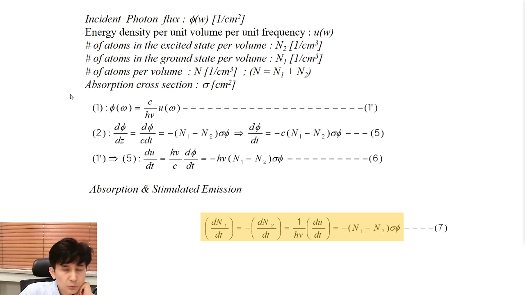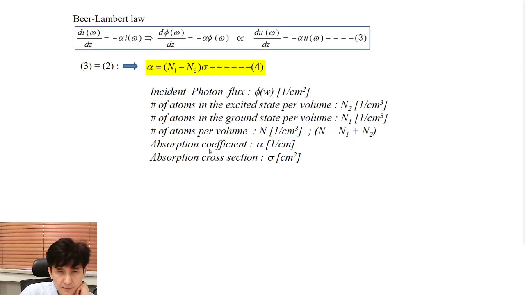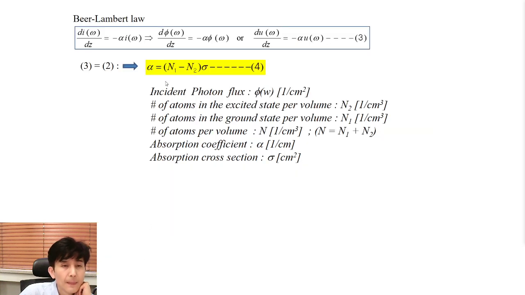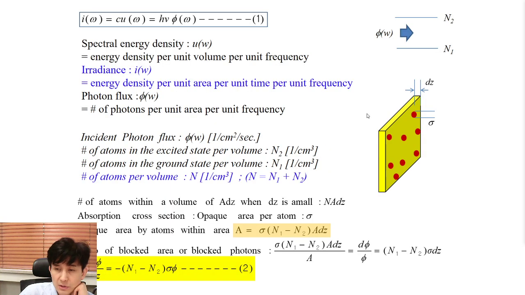Right. Here we replace equation 2 as a function of z. We'll replace this as a function of time because we only consider photons traveling in the z direction.